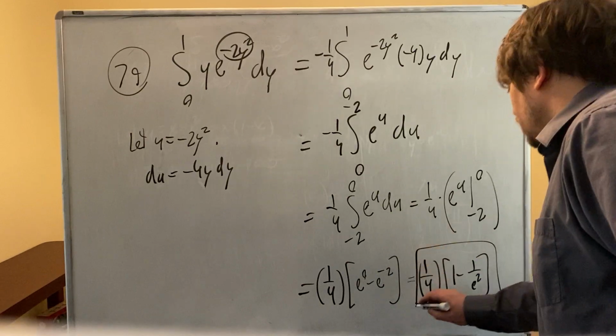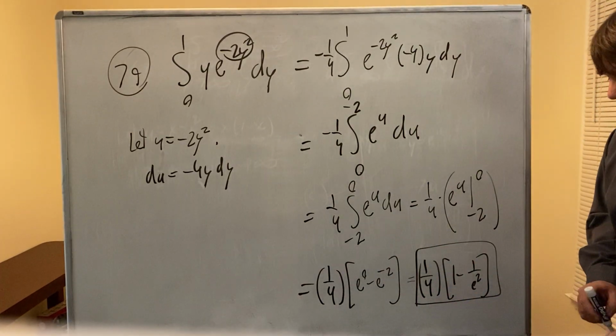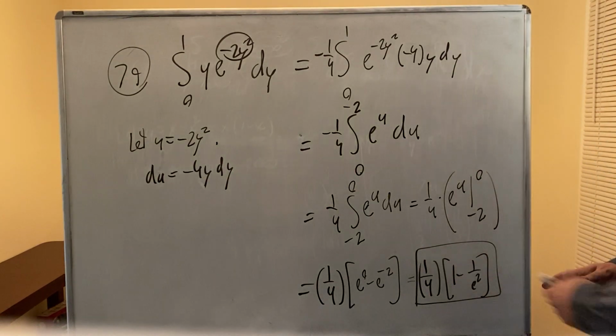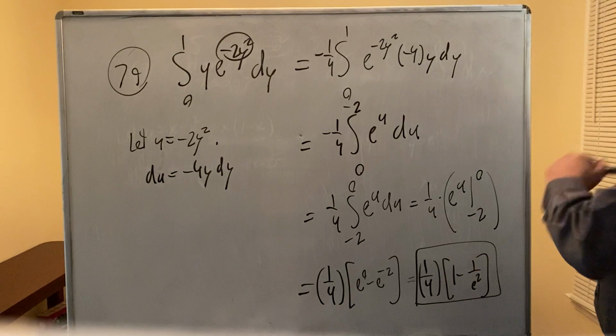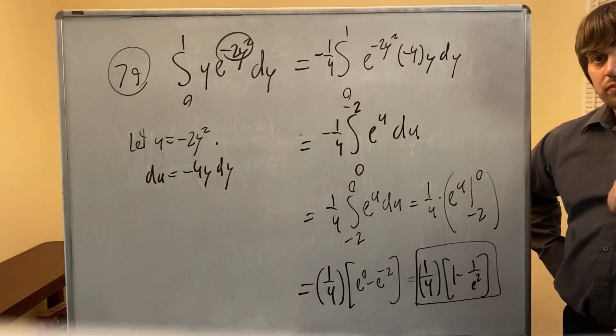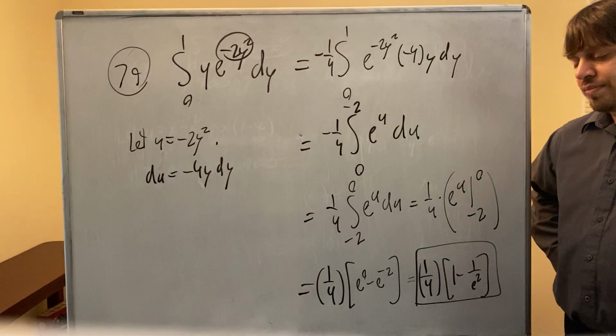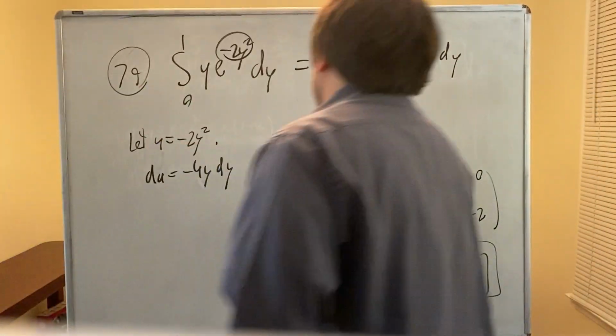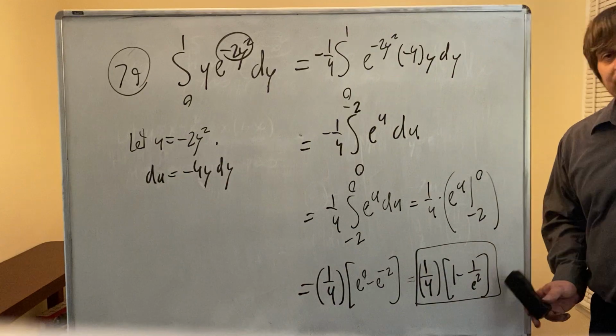And that's the answer. Okay? e to negative 2 is 1 over e squared. So that integral equals 1/4 times 1 minus 1 over e squared.